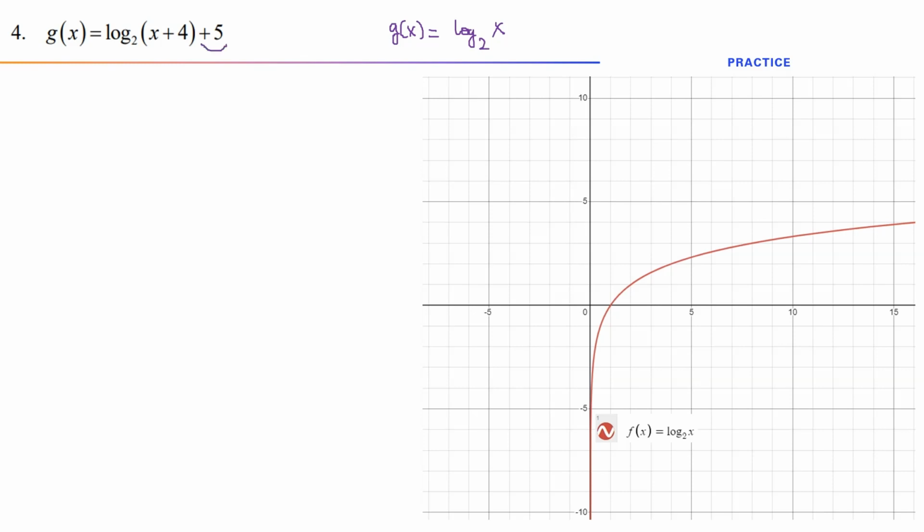Now we see it goes up 5 units, to the left 4 units, and we have the point right here. And then we have the vertical asymptote, x equals 0.